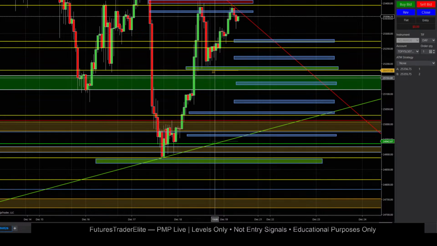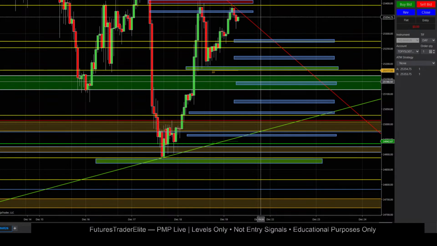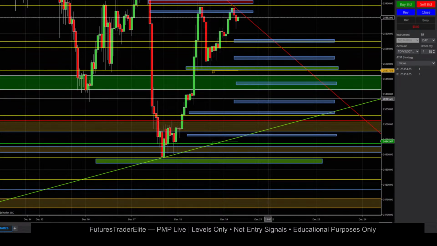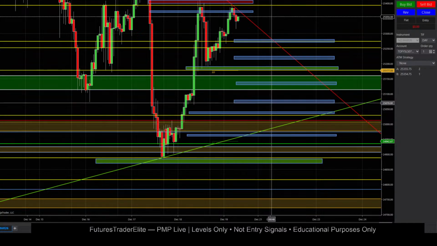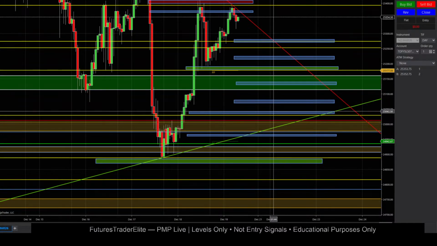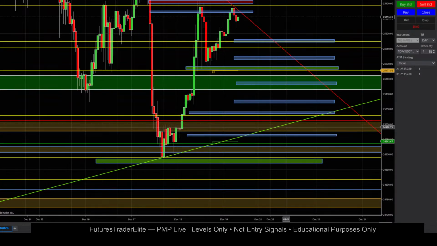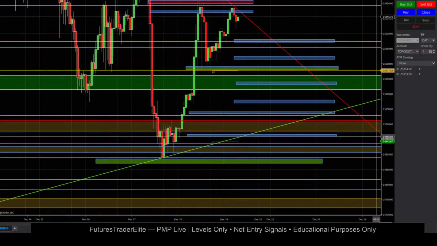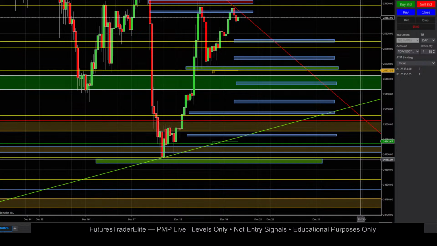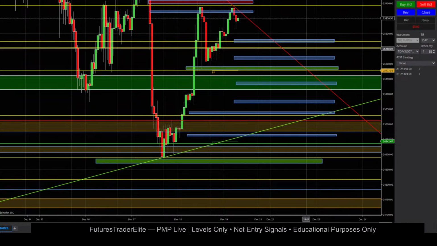We got this imbalance zone right here, this green box, and then there's a PEZ, precision entry zone, inside that. It's 140 to 130. This one's 80 to 70. This one down here is 40 to 35. And then we have one down here that is 965 to 960. Of course, a lot of those could be adjusted before the market even opens, depending on how much movement we get before then.